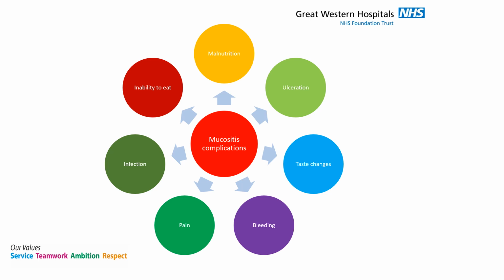Patients may develop a sore throat, or actual mouth ulcers anywhere within the mouth or in the throat. It often causes taste changes, and most patients will say food just doesn't taste of anything, or it tastes of cardboard, or I just don't want to eat it because my mouth's sore. It can cause bleeding, it can cause pain, and in some cases it can cause infection, and that may be a bacterial infection, but it can also be fungal infections, things like thrush.